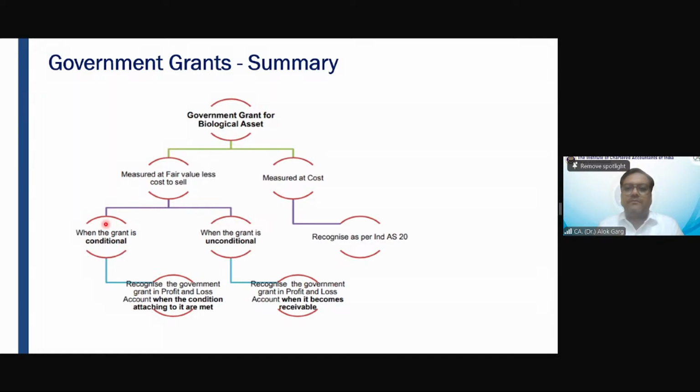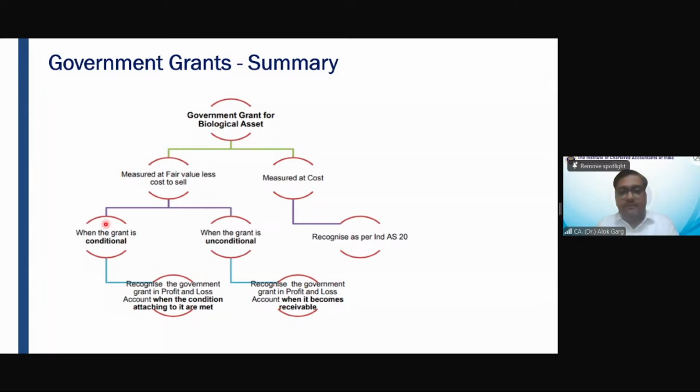The last year, when the letter was received for the grant. It became receivable because the government has issued a letter that we are going to give you 5 crore rupees. The only thing is you will get this 5 crore rupees credited in the next year, right? So when the grant is unconditional, you have to recognize the government grant when it becomes receivable. And where will this government grant go?